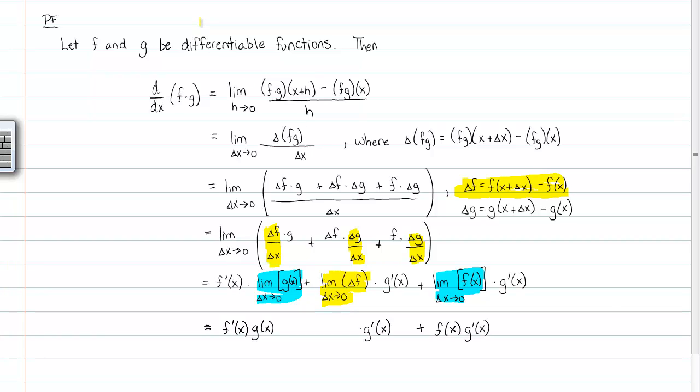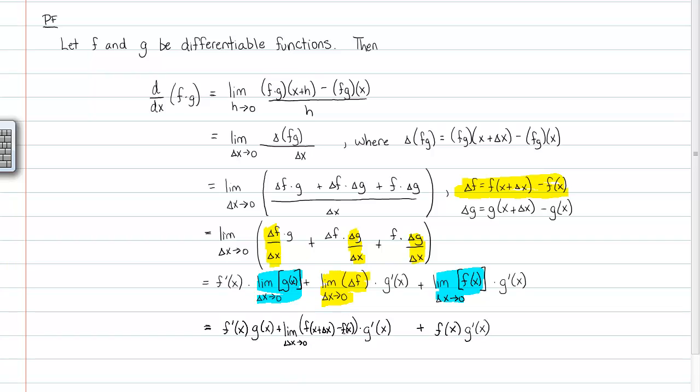We wrote that delta f is f of x plus delta x minus f of x. Let me write that in here just so I can convince you of something. This is plus the limit as delta x approaches 0 of f of x plus delta x, sorry it's so small there, minus f of x.